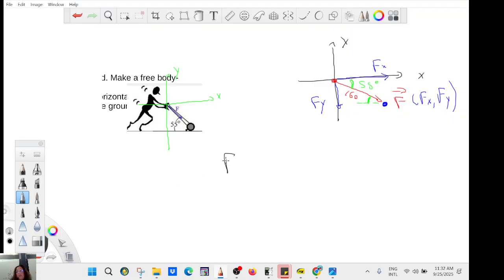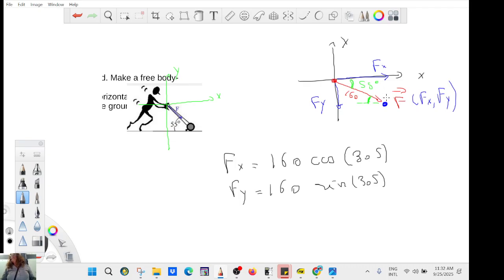Okay, so x component, either you know your trig and you go 160 cosine 55, or you don't know your trig and you remember that I said that if you take the angle from the positive x-axis and you go counterclockwise, then x will always be cosine, so that will be 305, and the y component will always be sine.